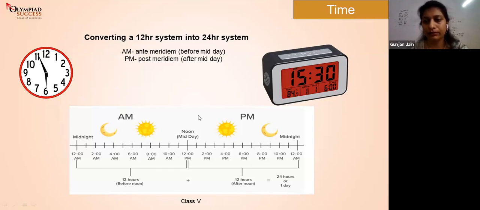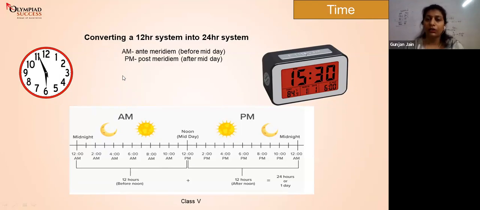How do we write it? 12 AM. Okay. So AM means ante-meridian, that means before midday. PM is post-meridian, that is after midday.